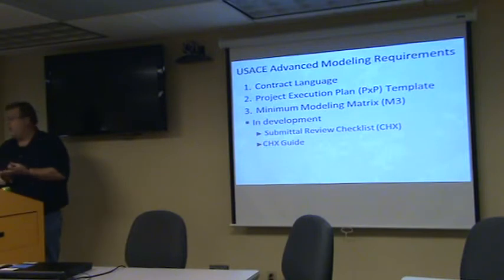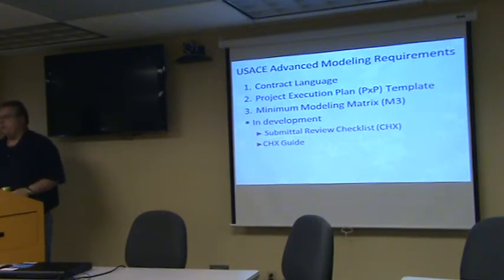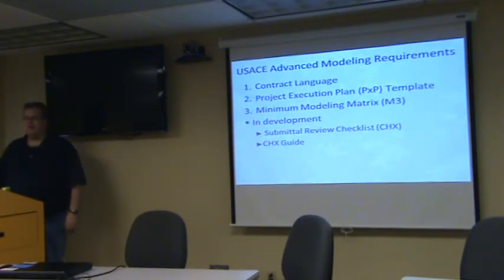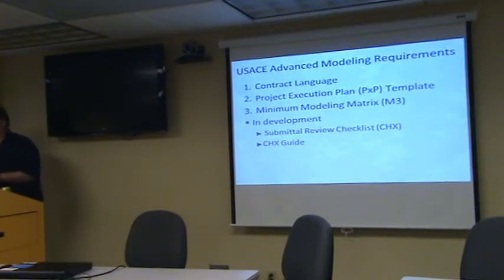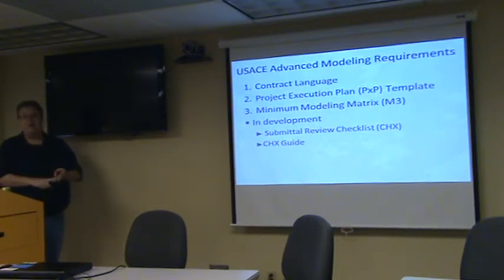And the third one, the M3, is, for lack of a better term, and I hate this term, LOD, level of detail. This is telling people you're going to model this wall down to these wall components. You're going to model this door down to this level of specificity. And you're going to attach this type of data to it. So there's three pieces to it: what you're going to do, how you're going to do it, and to what level you're going to do it.